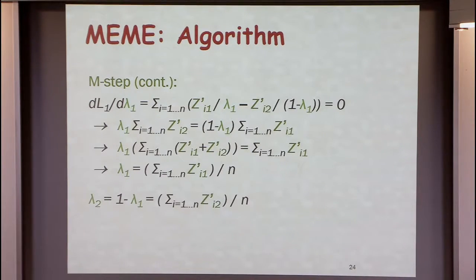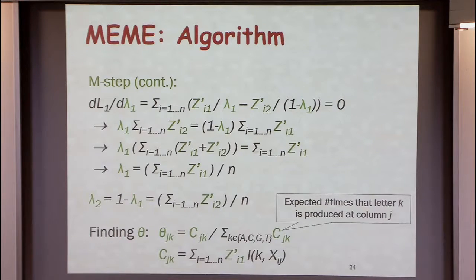So that gives us the new probability that an Elmer is from the first model. And similarly, we can have it for the second model. If we had z and didn't need the expectation of z, that's the way we would calculate lambda 1 and lambda 2. So it's very intuitive. And similarly, we can find out how to update theta to the next iteration.